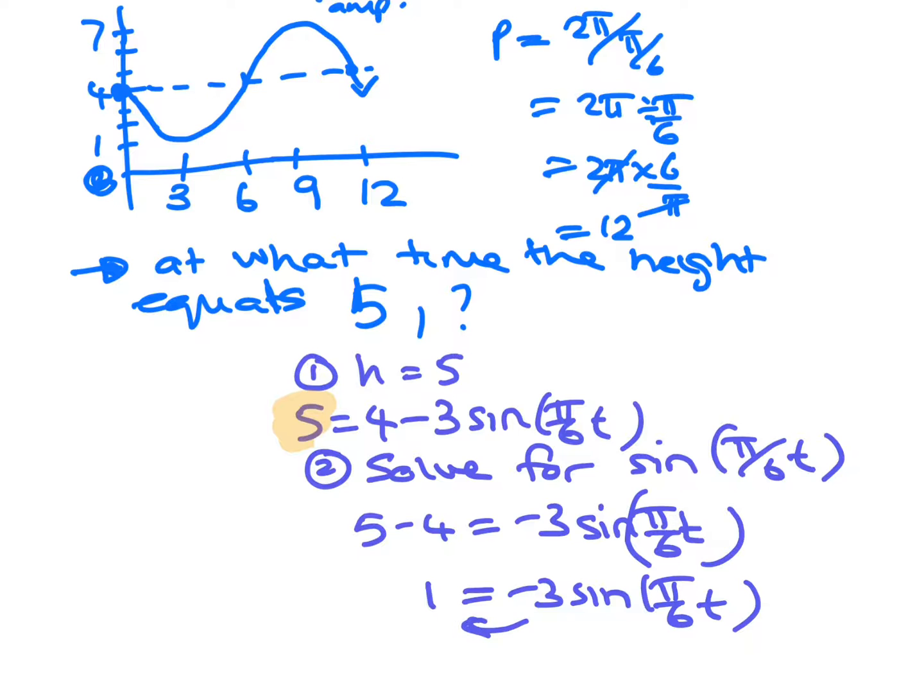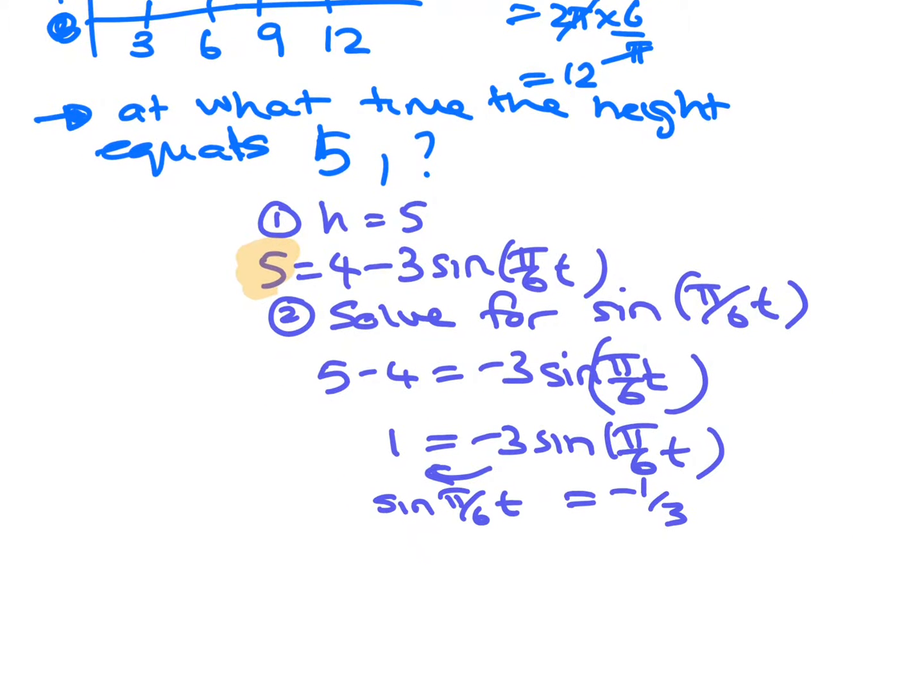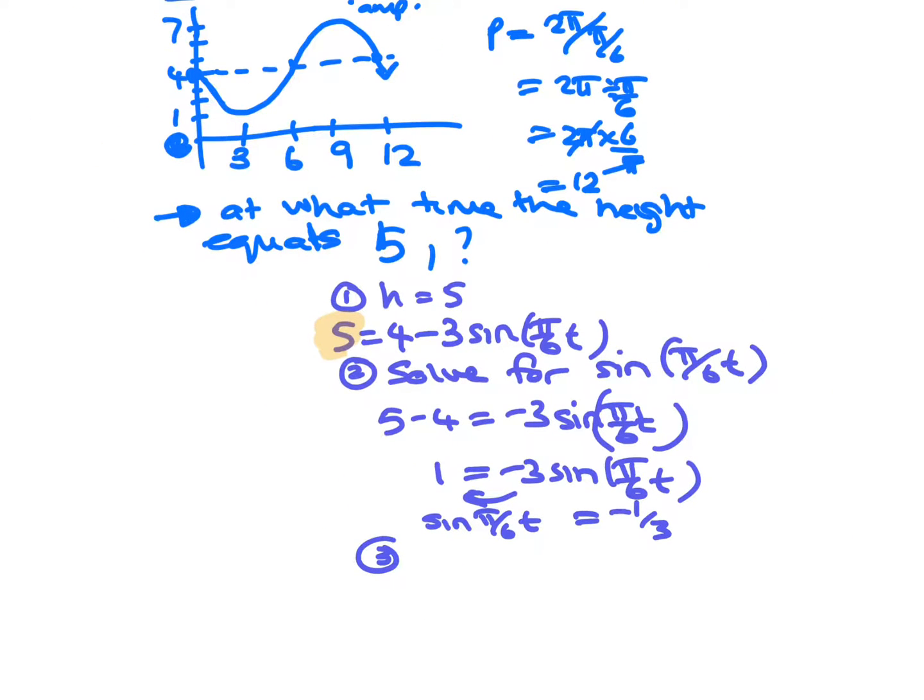And then if you divide by minus 3, sine pi on 6t equals minus 1/3. Okay, so we're trying to find the time when the height is equal to 5. So you've made 5 equal to it, brought the 4 over and then divided by the minus 3 and you end up with this equation.